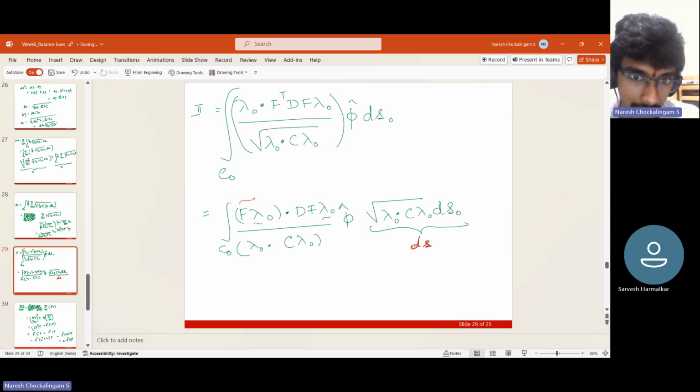F lambda naught is what? Lambda naught is a unit tangent vector. So this is F dx by ds naught, right? So this is F dx by dx naught.